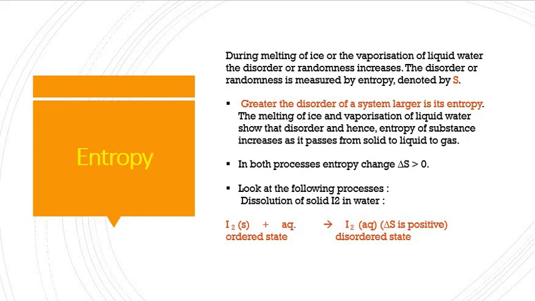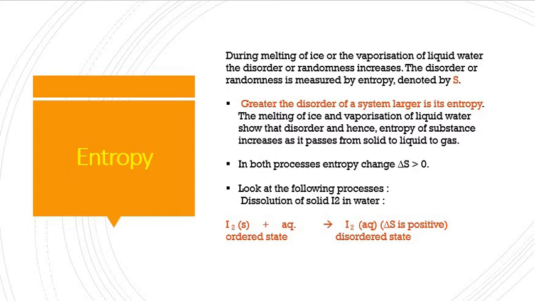What is entropy? For example, let's consider water molecules in the solid state and water molecules in the liquid state. In the solid state, water molecules are arranged in a definite order because they are solid in nature.